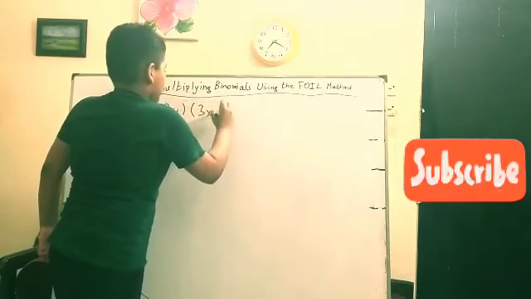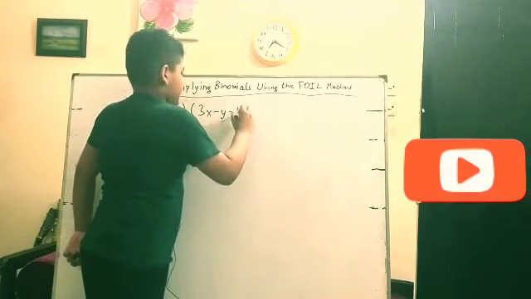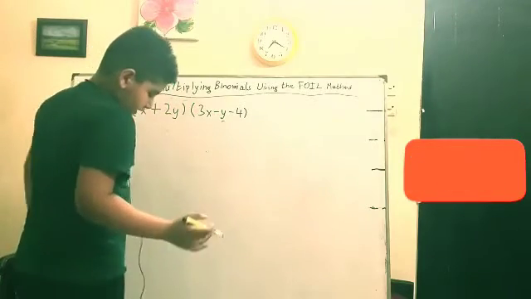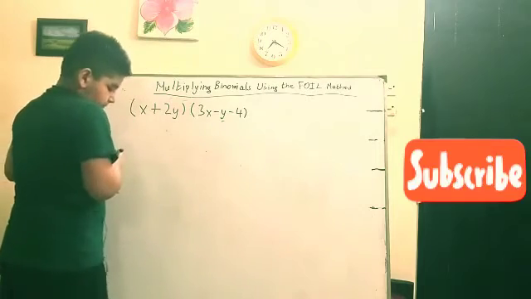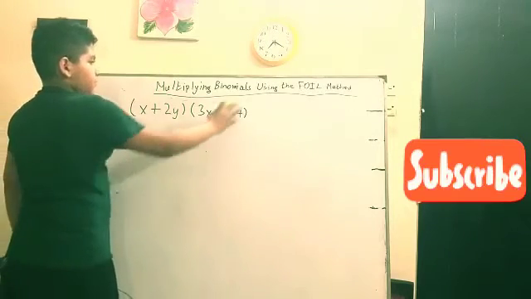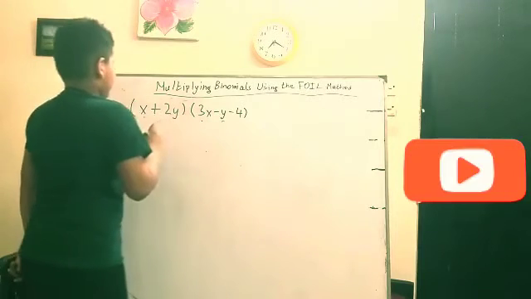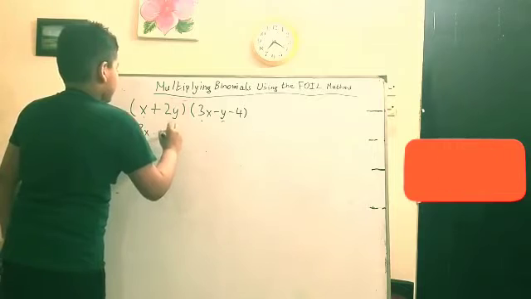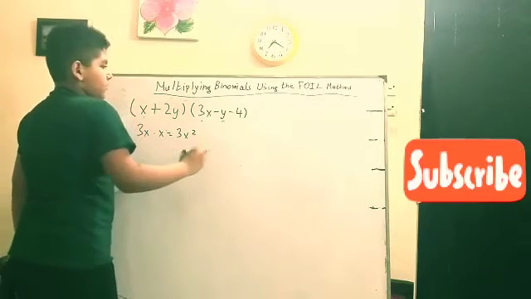So, as we can see, this will take a lot of work, but let's just do it. Now, remember, FOIL first. So the two first ones, 3x times x equals to 3x squared. Add that one to our answer list.